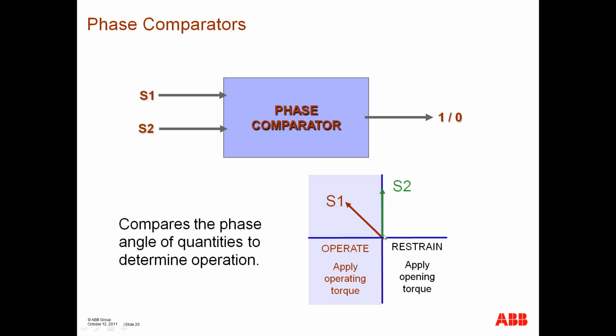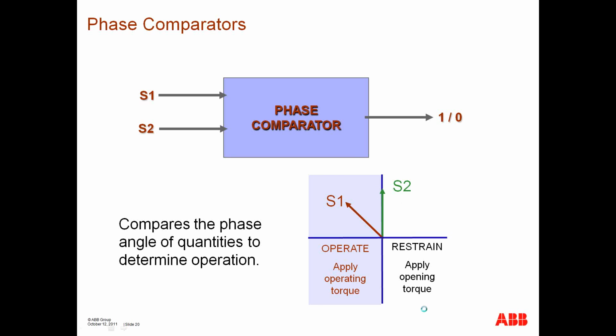Namely, in this case, I have S1 and S2. And in this case, where S1 leads S2, you have an operating region. If S1 were to lag S2, you would have a restraining region.